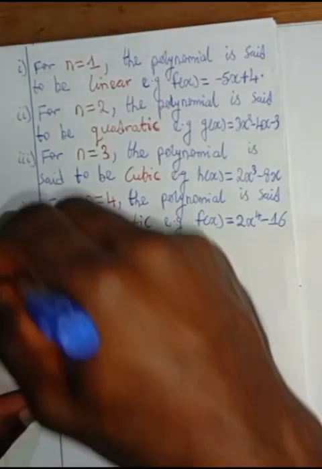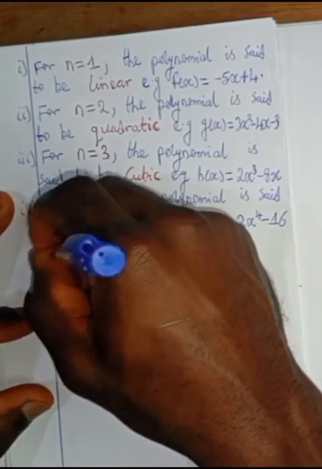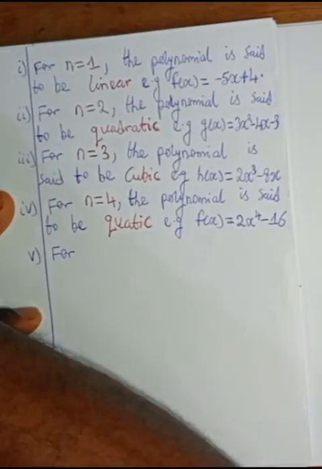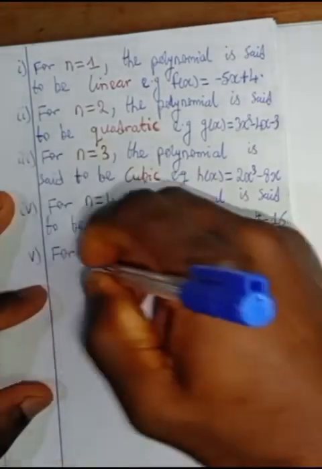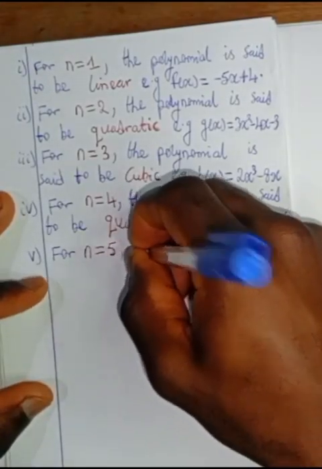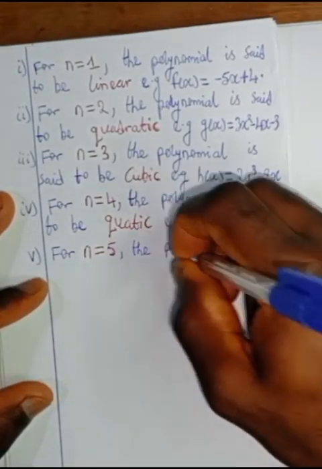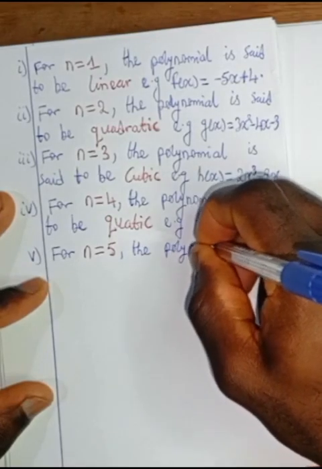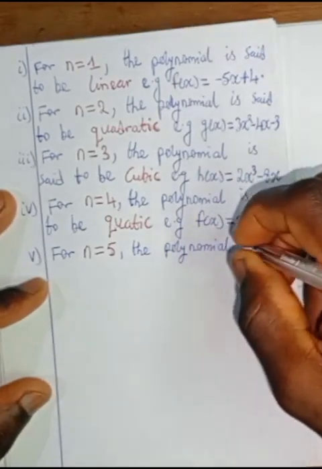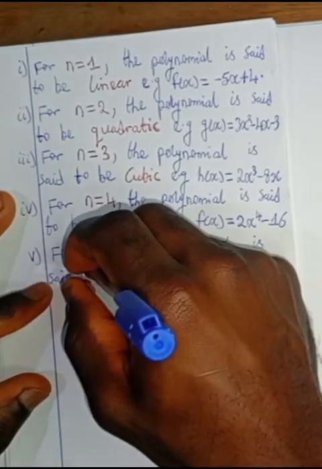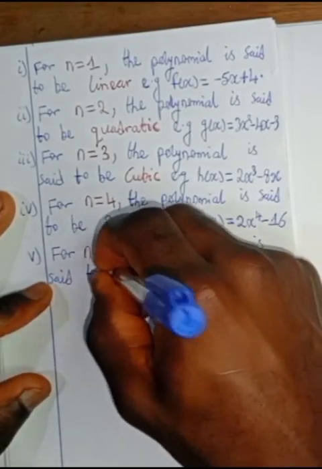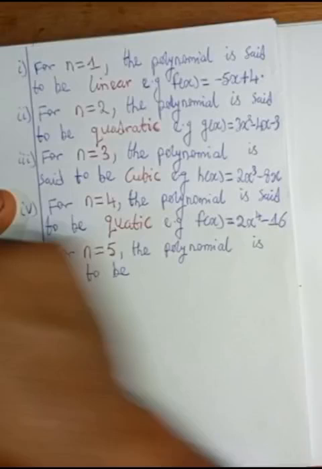We go to 5 for n equal to 5. The polynomial is said to be quintic.